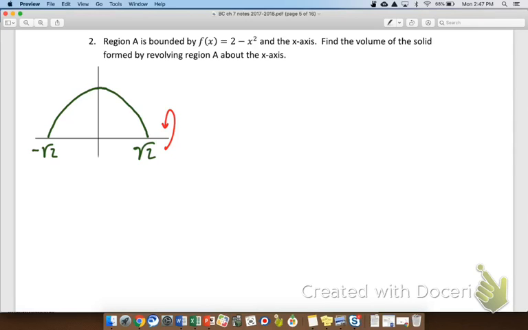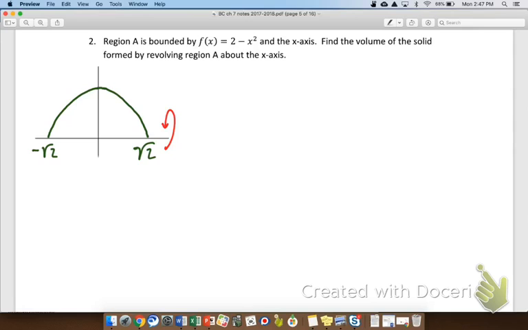If you're having a hard time seeing what this should look like, I would encourage you to get onto GeoGebra, where you can change the functions to just about whatever you want, and help yourself visualize what's going on until you can see it in your head. The question you've got to answer here is, will the solid that results from this have a hole in the middle, or will it truly be a solid solid?